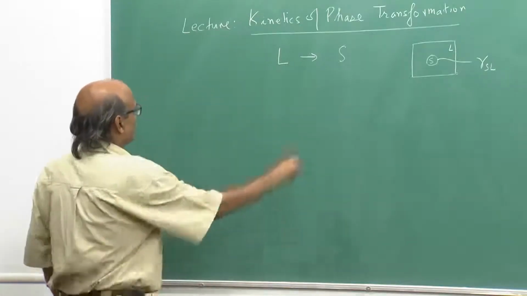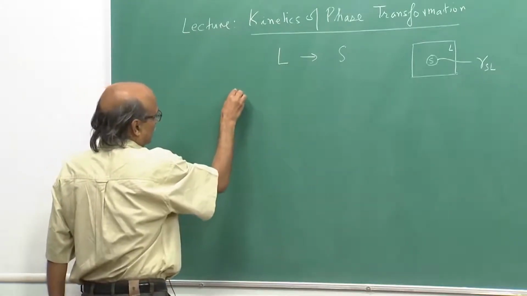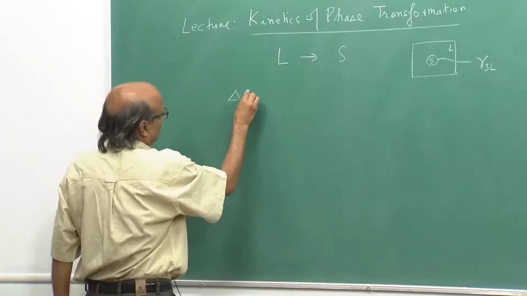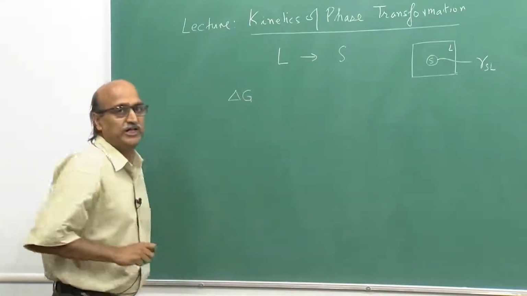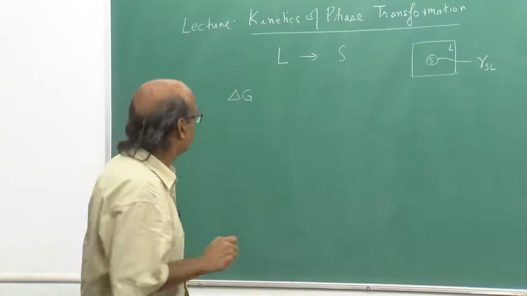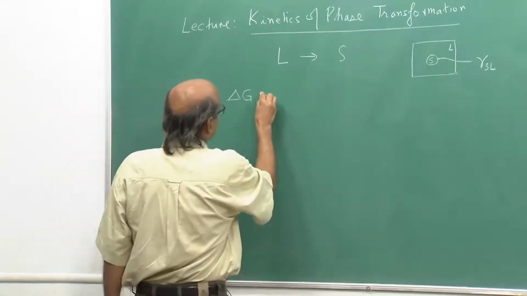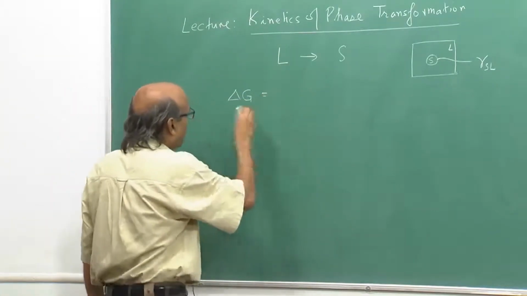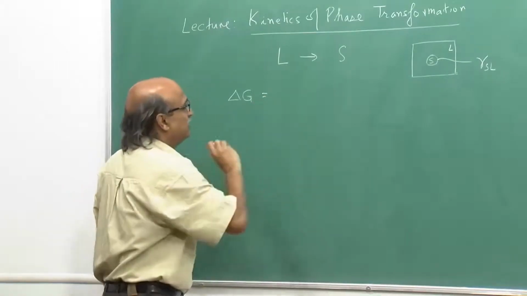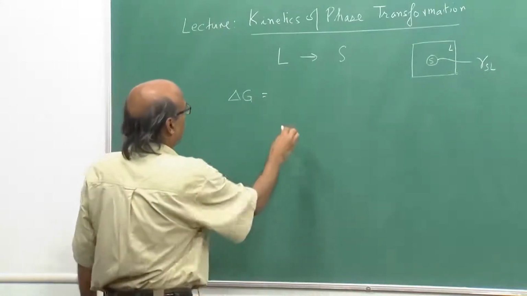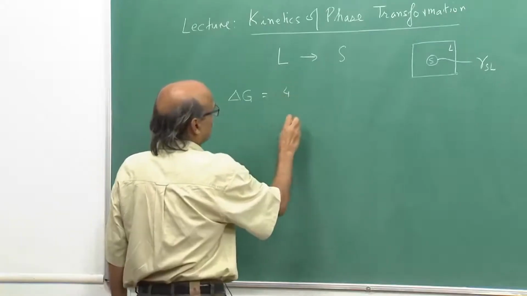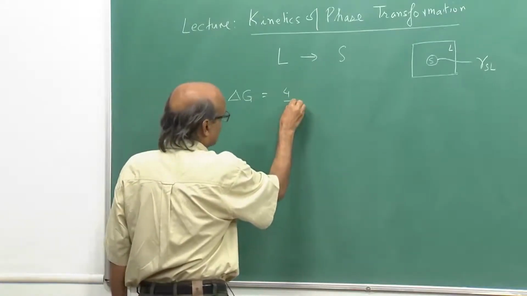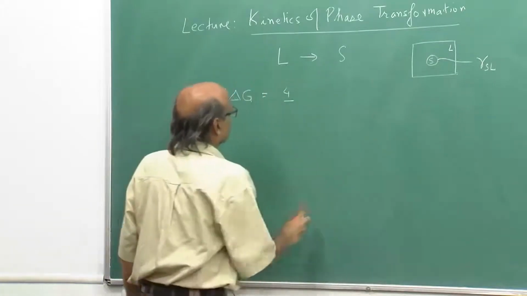You have been introduced to this relationship in your earlier lectures, that the overall change in free energy is given by the change in the free energy produced by the transformation from the liquid state to the solid state, a small volumetric region.